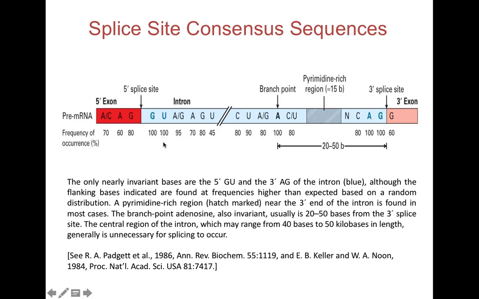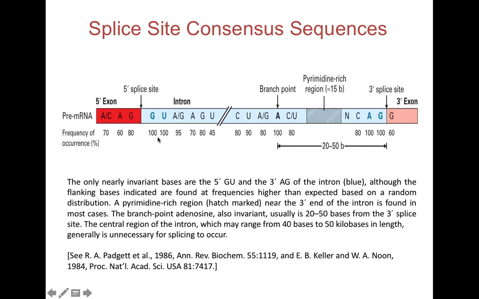So there are some invariant bases both at the 5' end and at the 3' end. Invariant bases means they do not change. You would always, for example, find a GU at the 5' end and an AG sequence at the 3' end. As you can see, the number here indicates the frequency of occurrence in any intron.